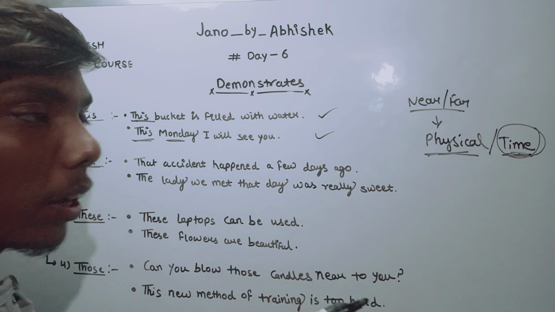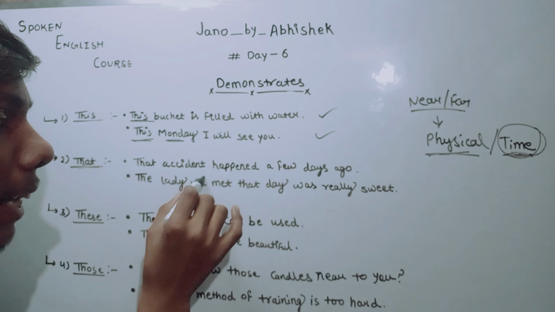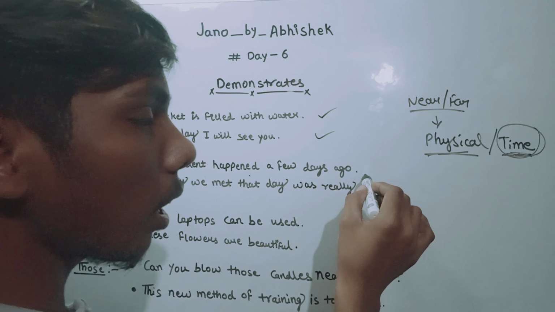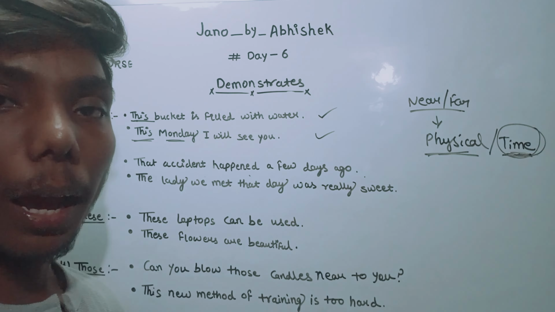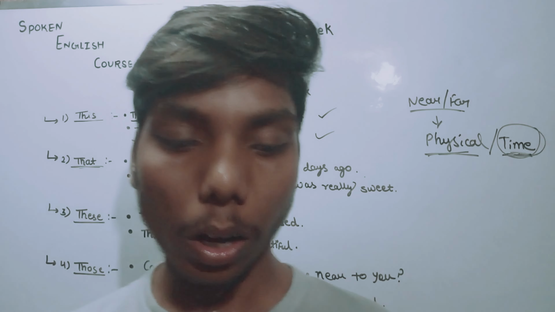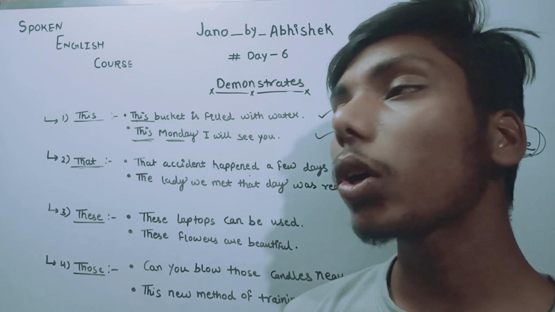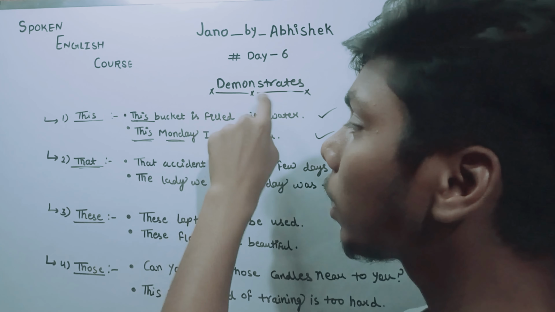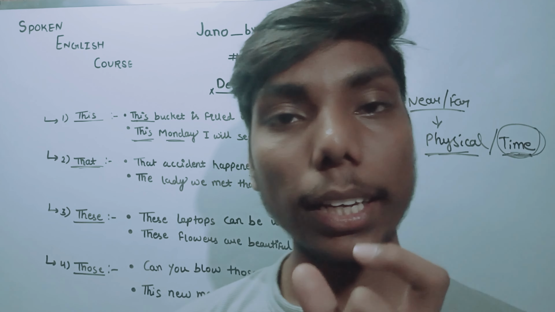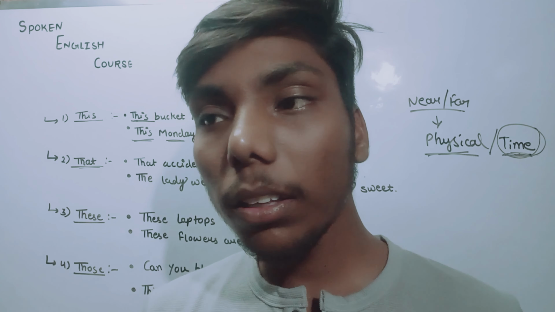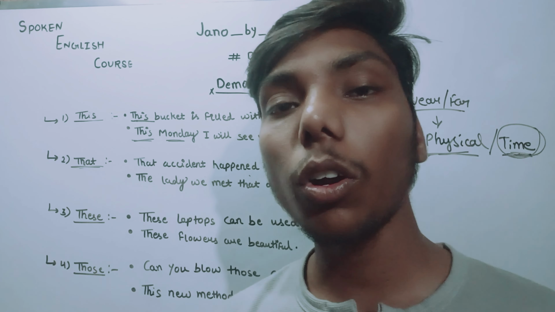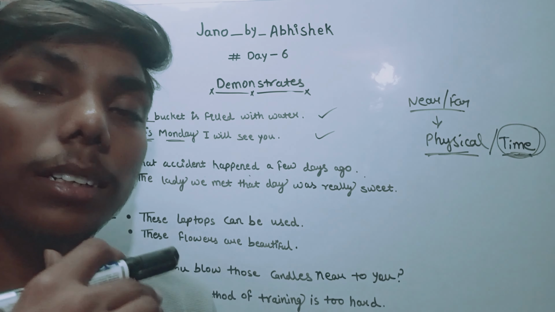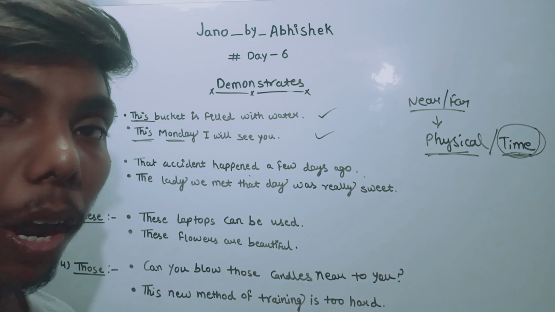Now let's see the example of that. That accident happened a few days ago. Here again, as I told you, we don't use these demonstratives only for physical distance, when the thing is physically near or far. It can be near or far in time also.